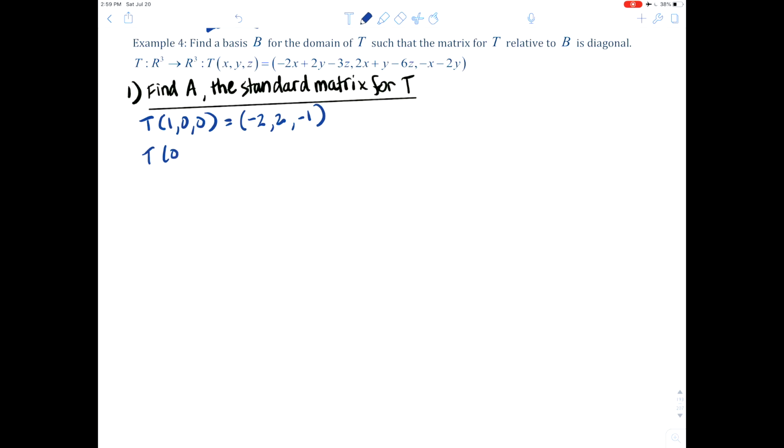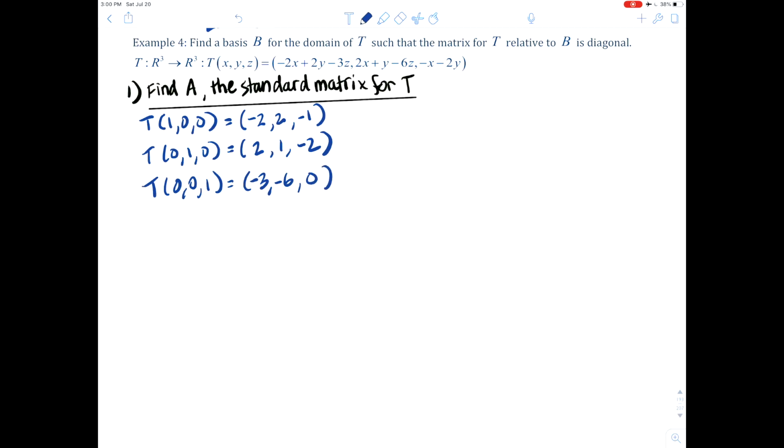And then T at 0, 1, 0 is 2, 1, and negative 2. And then T at 0, 0, 1 is equal to negative 3, negative 6, and 0.